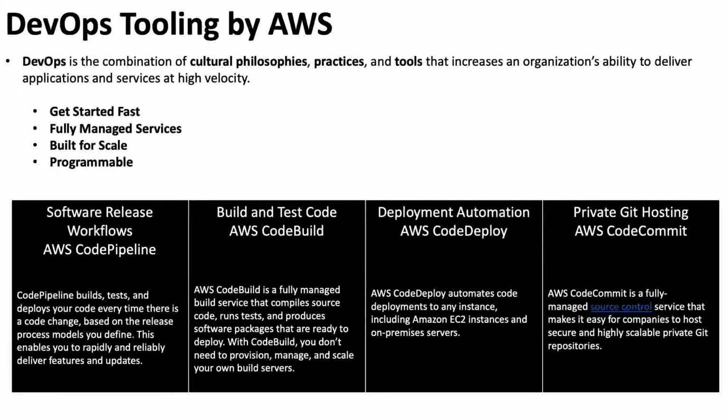So if you look at the 4 buckets on the chart, the first one we call AWS CodePipeline. If you've been in software development, that means it's a software release workflow. It gives you the capability to run, build, test, and deploy.